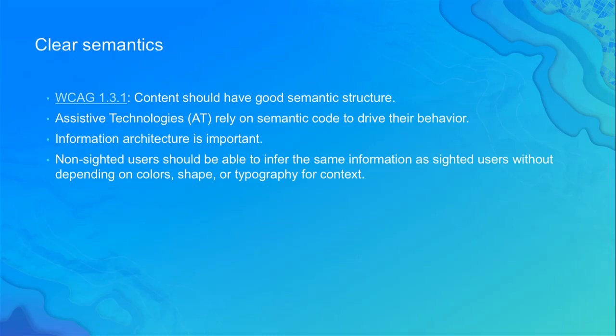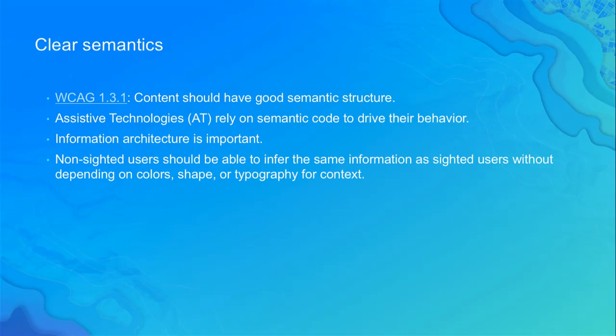Okay, so I'm going to talk about info and relationships. I mentioned this a little bit earlier, but assistive technologies rely on the code structure to know what to do. They need to know how to take your page and convert it into something that a screen reader can understand. A screen reader is the tool that will read that content to people who are visually impaired.